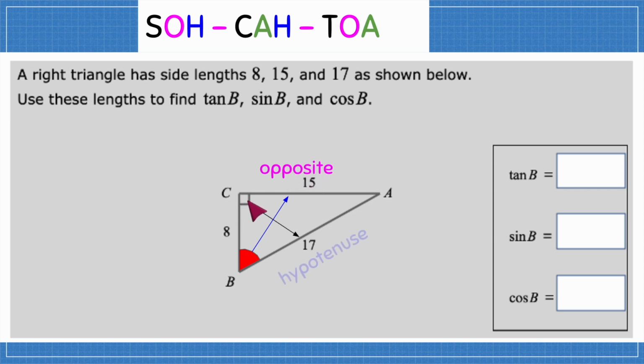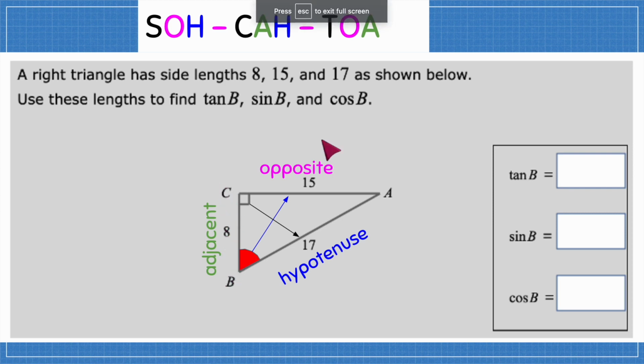My 90-degree angle here is C, so 17 is my hypotenuse, which makes 8, this other side, my adjacent side. I like to label opposite and hypotenuse first because they're the easier ones to label. Adjacent is the other side that's next to the angle.